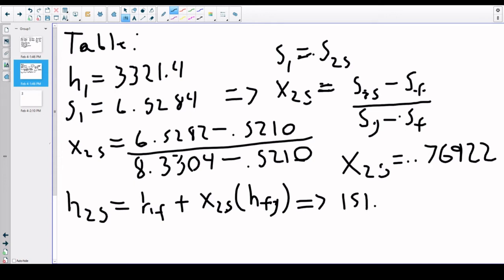So you don't get to see the value for HFG, but you can find that in table A3. Go across to 0.06 bar, and that value is what you will be using for this. And your H2S value ends up being 2009.88.